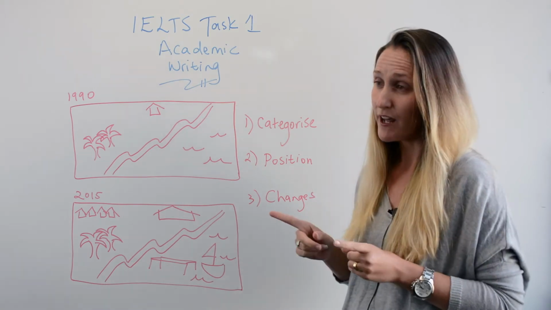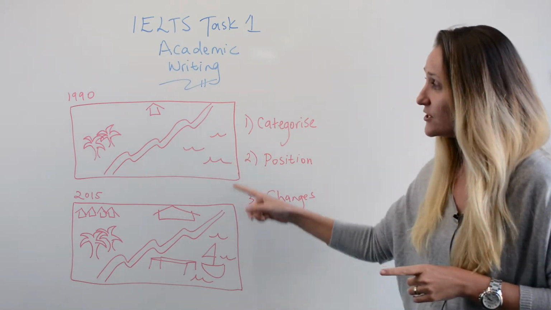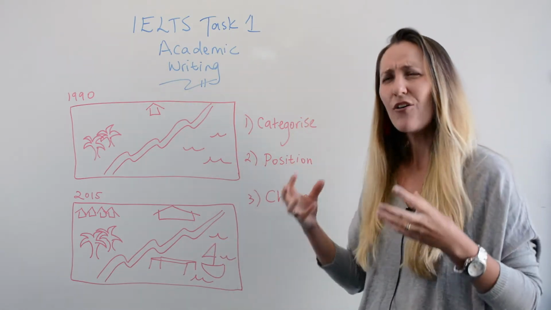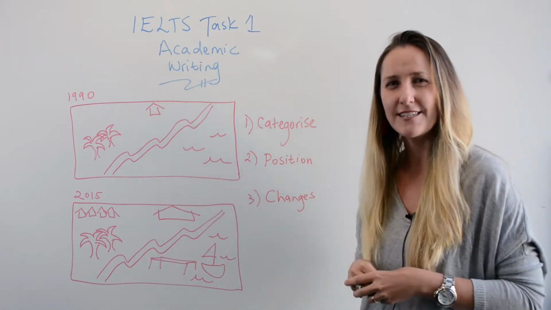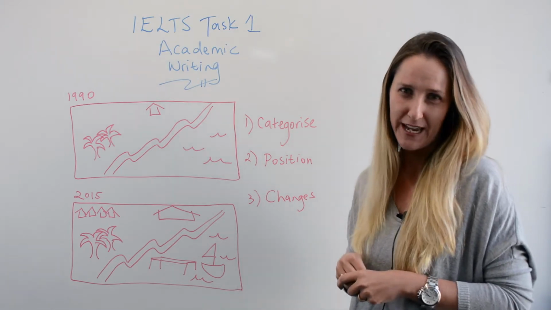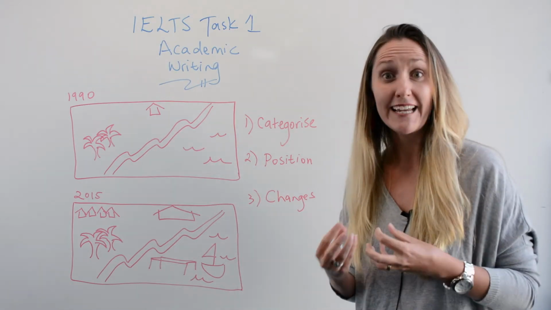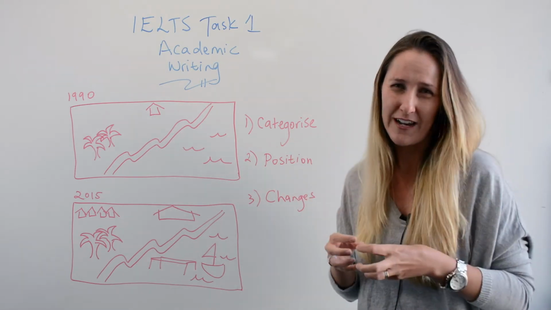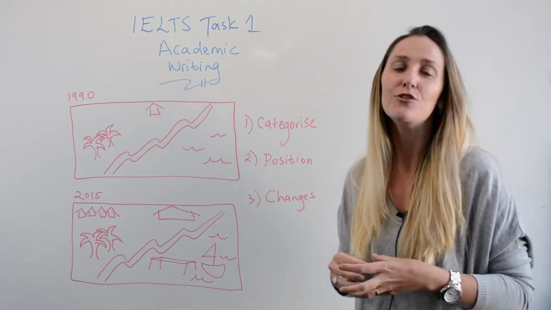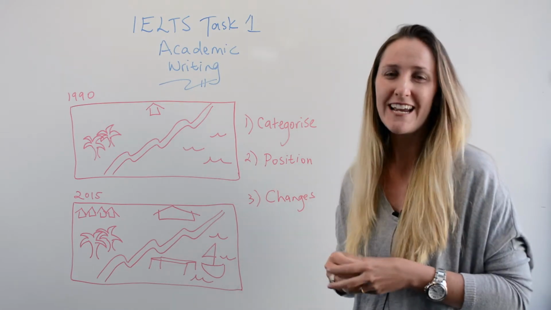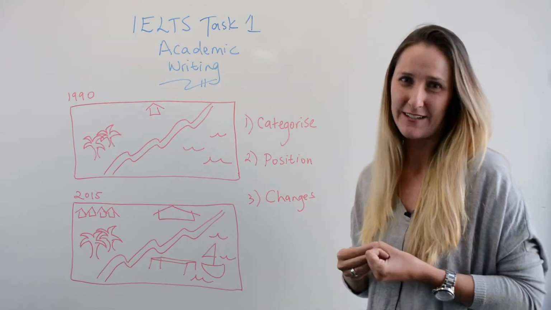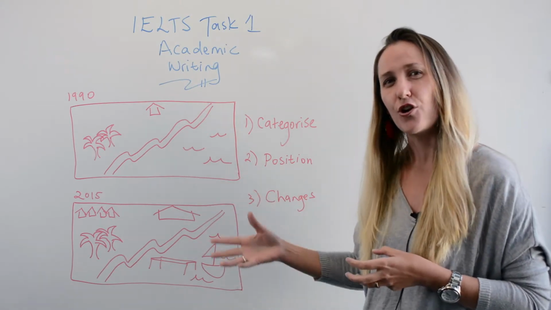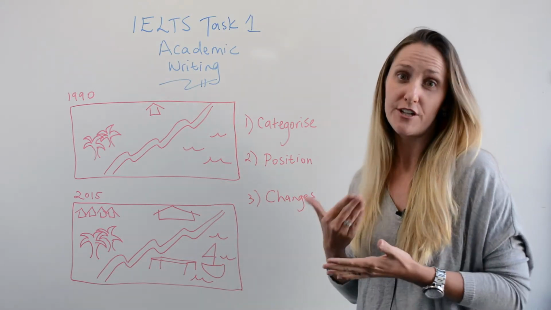So to begin with, the first thing that you need to do is look at both maps and think, how can I categorize the changes that have taken place? What do I mean by categorize? Basically, I mean organize. So the first way that you can organize information is by counting it. When you have two maps, usually they're going to show you changes over time.